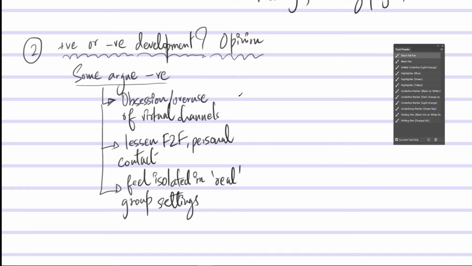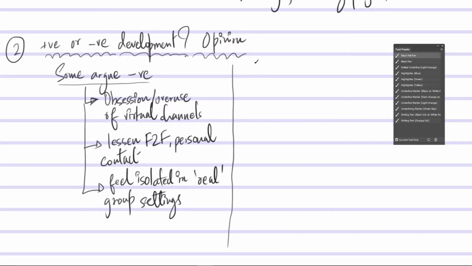So that's what people who hold a counter view may use these points to justify their view. So let's talk about what's my view, what's my side of the story.